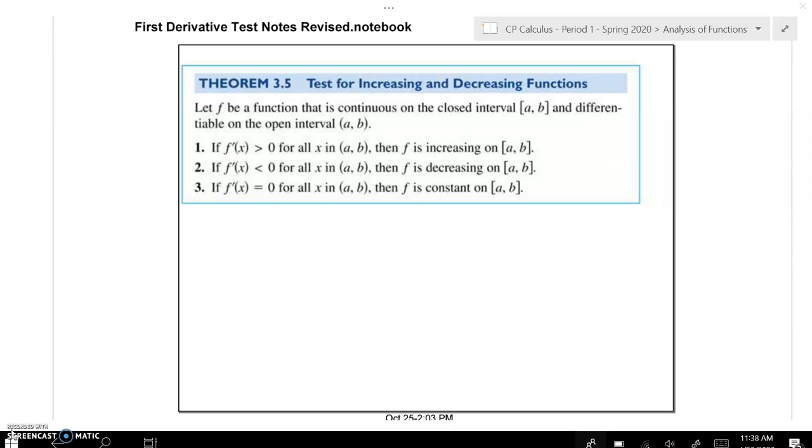So positive slopes, positive derivatives there are giving you an interval of the function that is increasing. When they're negative, negative means decreasing. So negative slopes, negative derivatives there, a decreasing part of the function. And when it's equal to 0, it is a constant location, and a lot of times that 0 part is just the transition between the increasing and the decreasing.